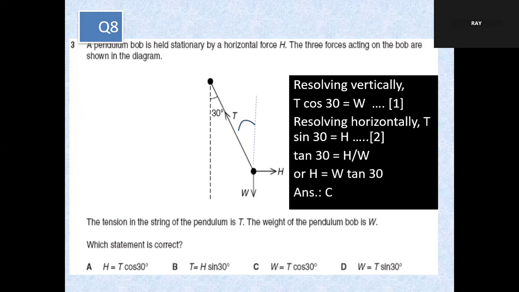So the answer is C. W equals T cos 30, sorry. The others are wrong. Usually they go to tangent now.